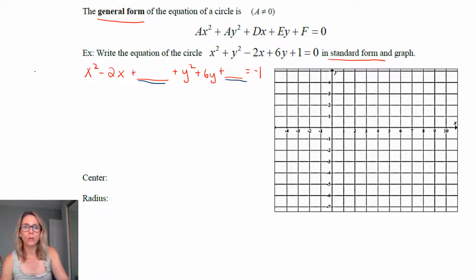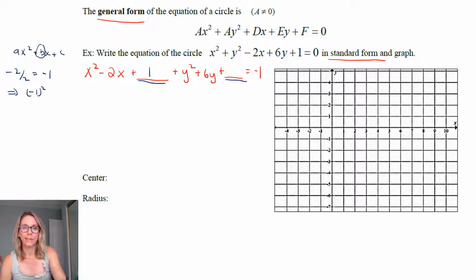So we've done a little bit of completing the square before. Remember that the idea is if you have a quadratic, so ax squared plus bx plus c, to complete a square, you need to take half of your linear term. So in our case, half of our linear term is -1, and then we square it.